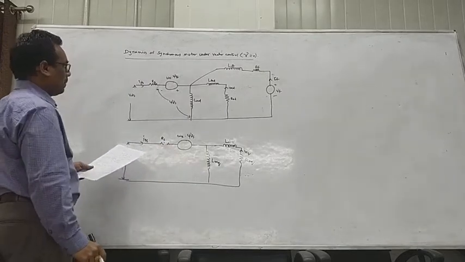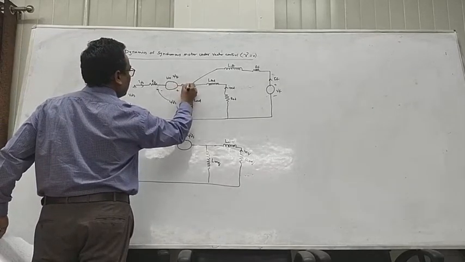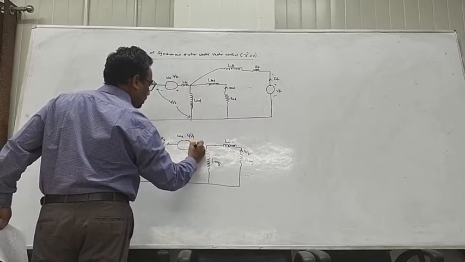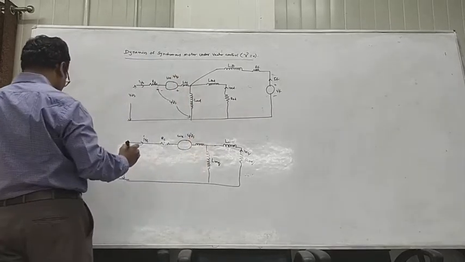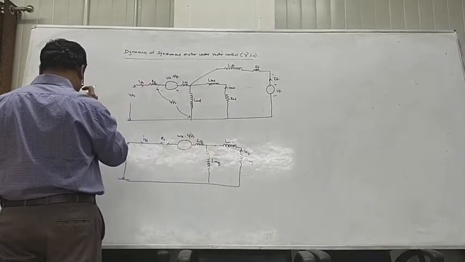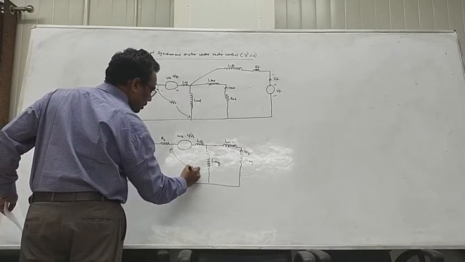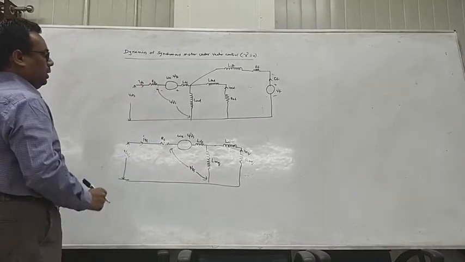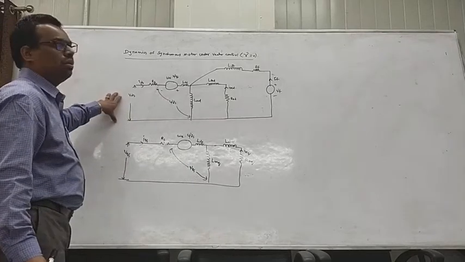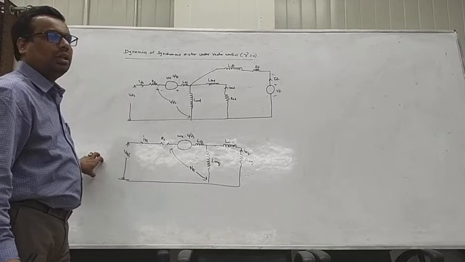One more component you may add here, the self-inductance LLS, and here also self-inductance LLS. And this is psi QS, the psi QS component. So this is the equivalent circuit of the synchronous motor in the direct axis and in the quadrature axis.